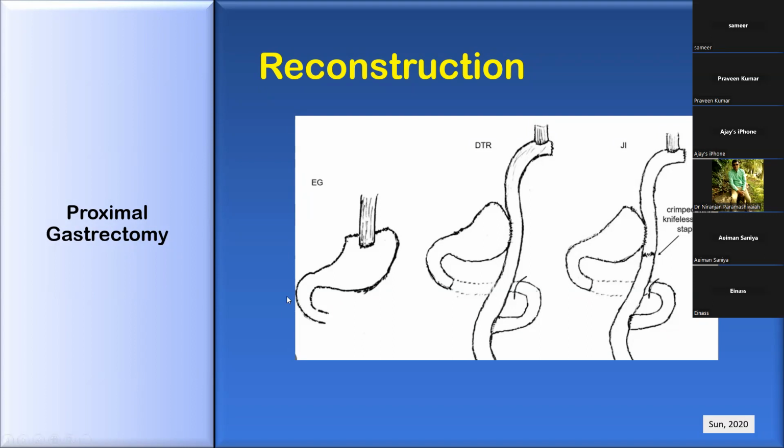That is the only situation where some people prefer the Roux-en-Y, but studies are completely devoid of any major differences in any of the complications that one sees in these configurations. So it ends up being a surgeon's choice as to what he wants to do.